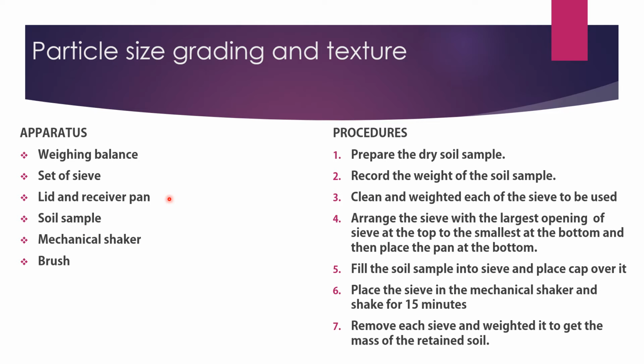Next, I continue to particle size grading and texture. To conduct this experiment, the apparatus we need are weighing balance, set of sieves, lid and receiver pan, soil sample, mechanical shaker, and brush. As you can see, on the right is the procedure.